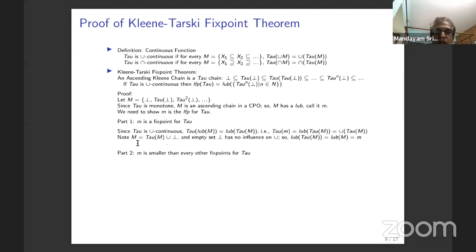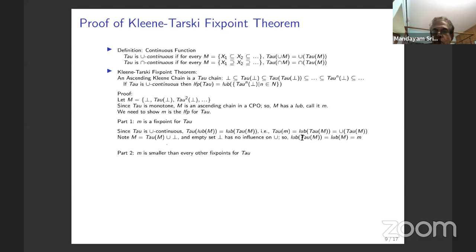Okay, so note that the original M is the same as this tau of M that appears as the argument here, except that if you add the bottom element to this tau of M, you get M. But since this limit is just the union of all these sets in tau of M, adding the empty, the bottom element, has no influence on the limit.